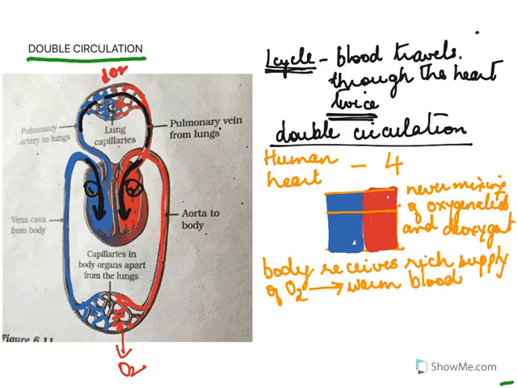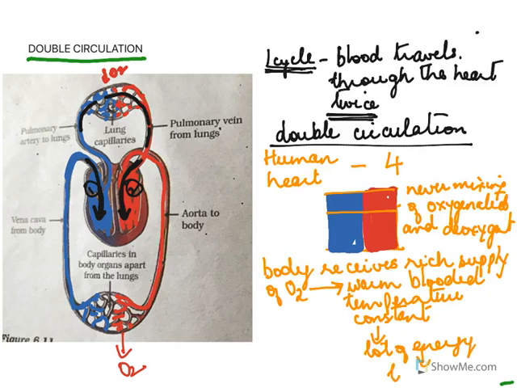Warm-blooded means our temperature remains constant, and for the temperature of the body to remain constant, we require a lot of energy. A lot of energy means a lot of oxygen. So that is why the mixing of the blood does not take place.